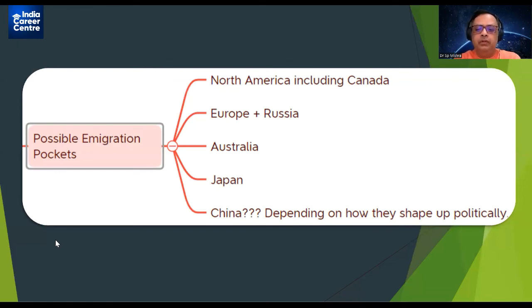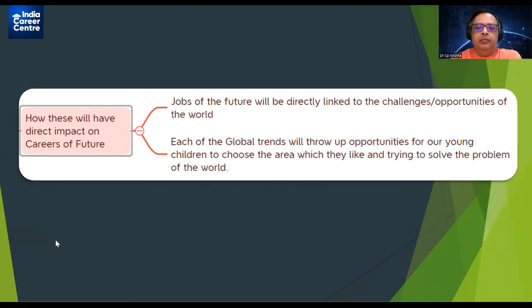We do not know, of course, how politically it is going to shape up, but technically or theoretically speaking, these are the pockets where possible immigration will happen in the next 3 to 4 decades. So whether it is digitization, decarbonation, or population growth, all these will have a direct impact on the future of careers.